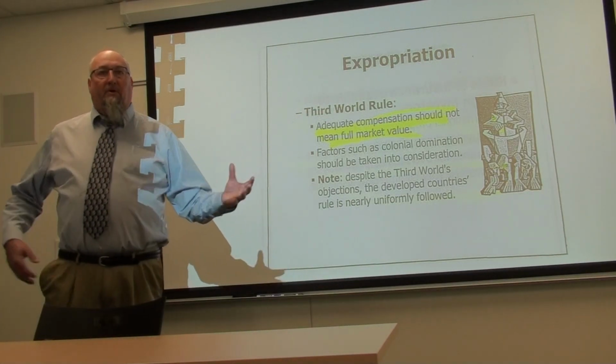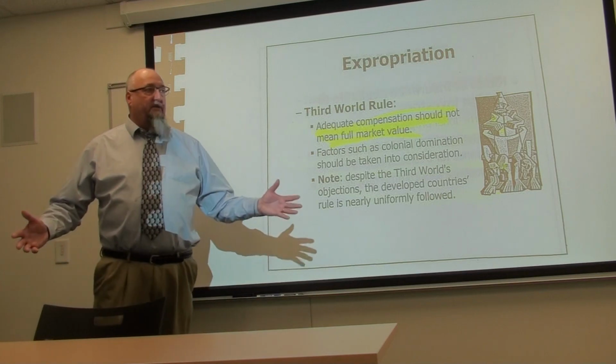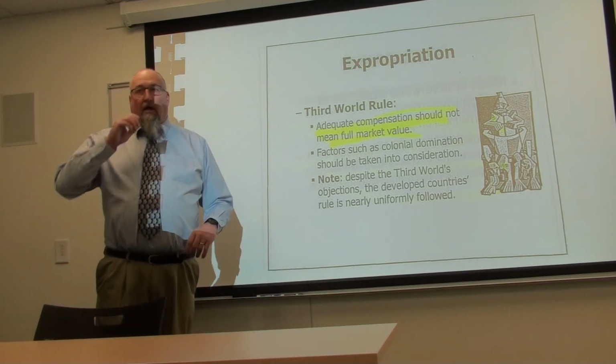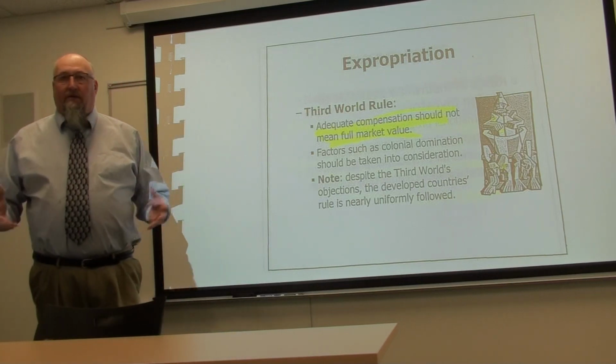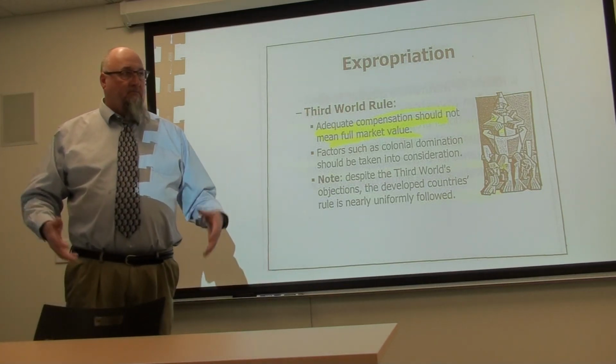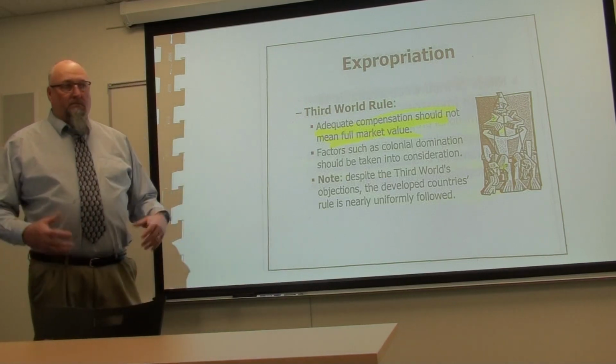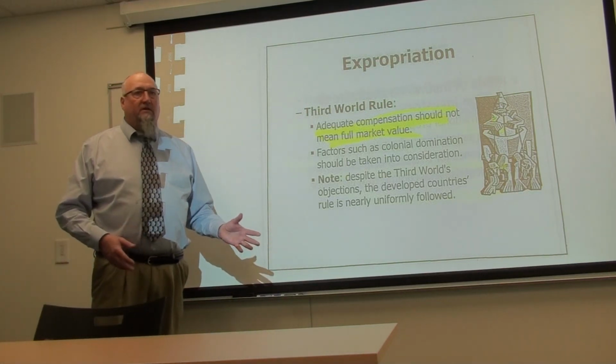So for example, perhaps it's a banana plantation in Costa Rica that's being taken, and the corporation has held that banana plantation as a colonial endeavor for decades, if not hundreds of years.